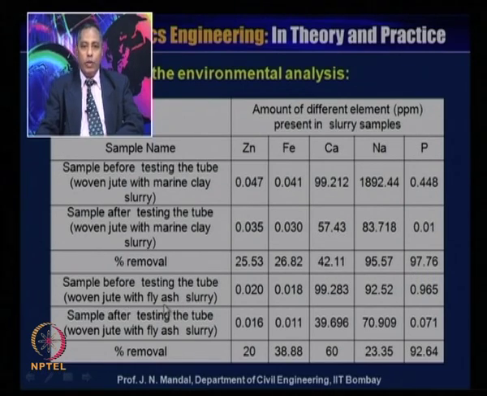Now, the sample before testing, tube of woven jute with the fly ash slurry: zinc 0.020, iron 0.018, calcium 99.283, sodium 92.52 and phosphorus 0.965. And the sample after testing of the geotextile tube of woven jute with the fly ash slurry: zinc 0.016, iron 0.011, calcium 39.696, sodium 70.909 and phosphorus 0.071.